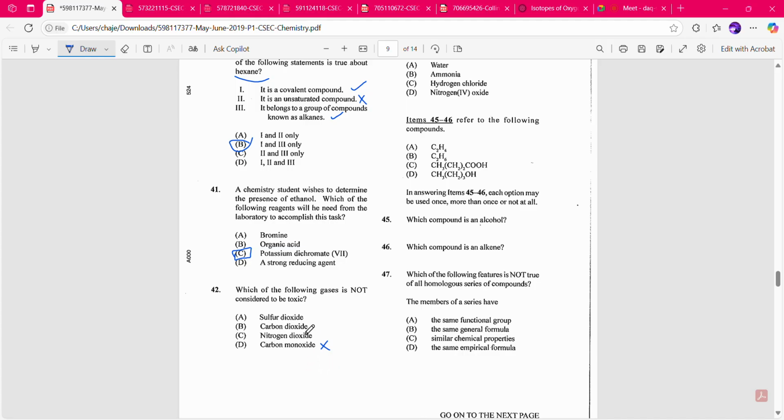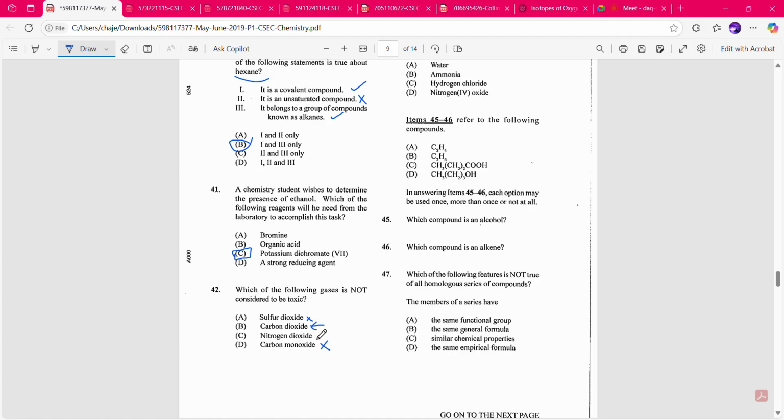So it says sulfur dioxide. This gas is known to be harmful to the respiratory system and can cause irritation to the eyes, throat, and lungs. Yes, sulfur dioxide is toxic. Carbon dioxide, while in high concentrations, can displace oxygen in the air, in the lungs. It is not classified as toxic. This is the one I was actually going to choose, because even though we say it's toxic, technically it's not, because plants use it. It has some form of use.